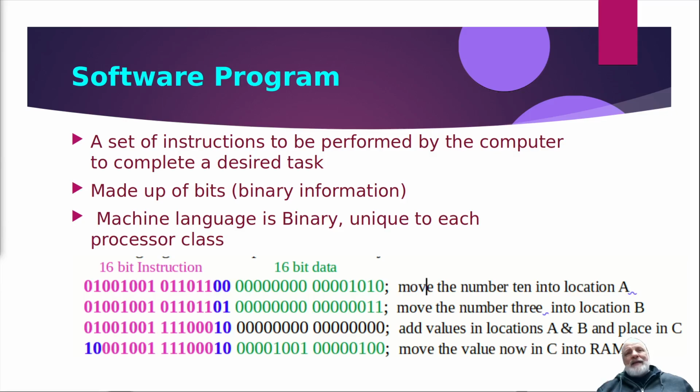So this might be the instruction to move it from that long-term storage into this location where it can actually do something with it. And so it's going to move the one value, which happens to be 10. This is the value 10 in binary. And then it's going to move another value, which is in another location, and then it's going to add those two together.